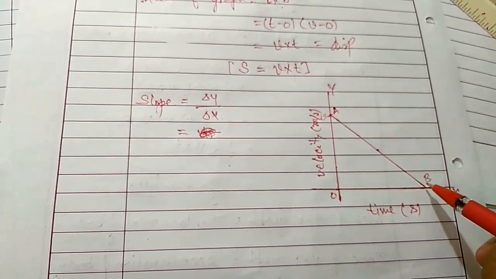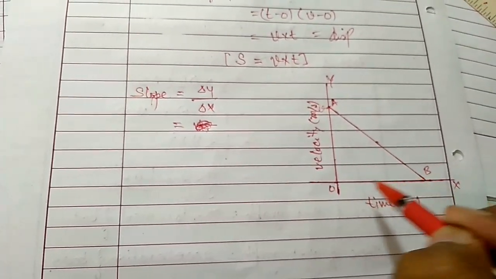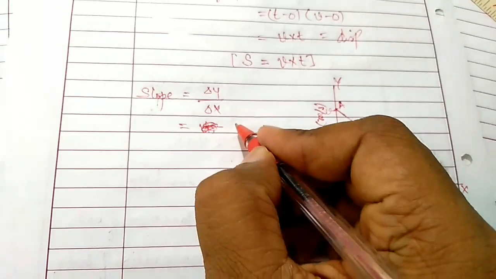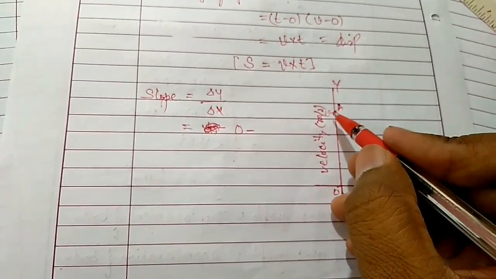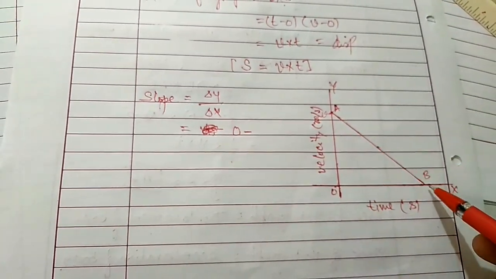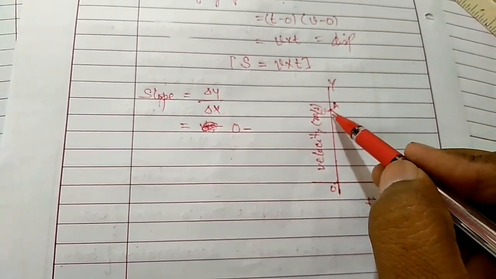Finally it is coming to point B, it is declining. At point B, final velocity is 0, minus at point A, initial velocity, because the graph is going from here to here. So this point is initial, this point is final; final velocity is 0, initial velocity is V.